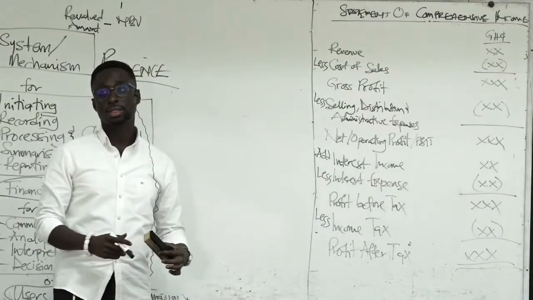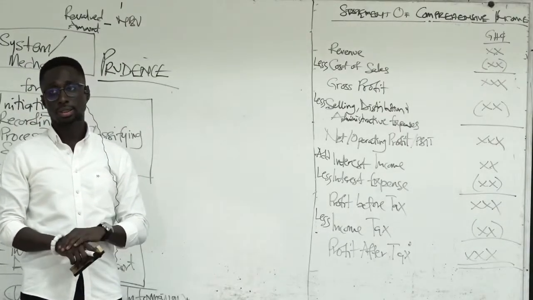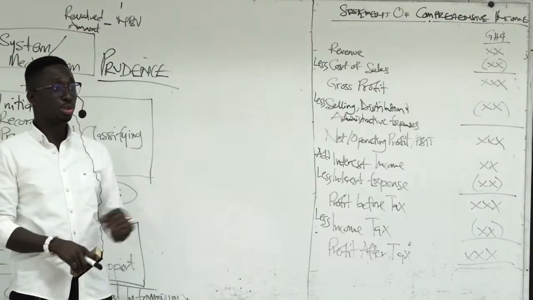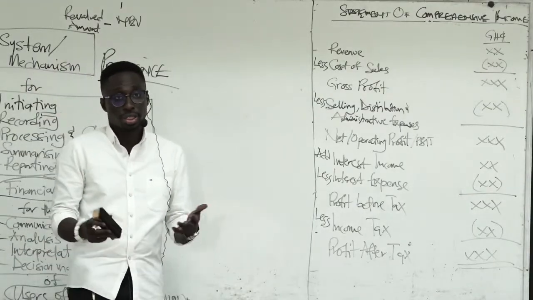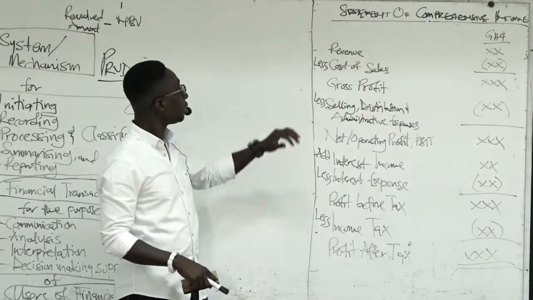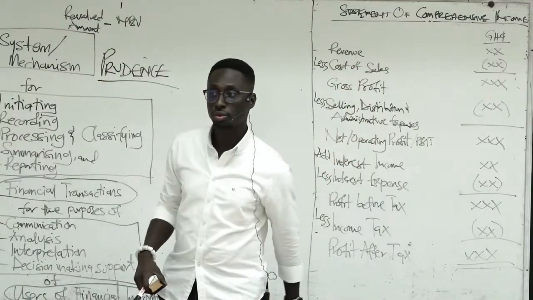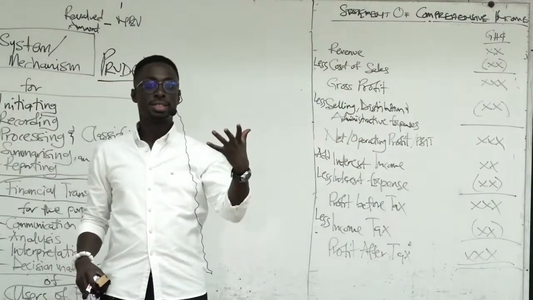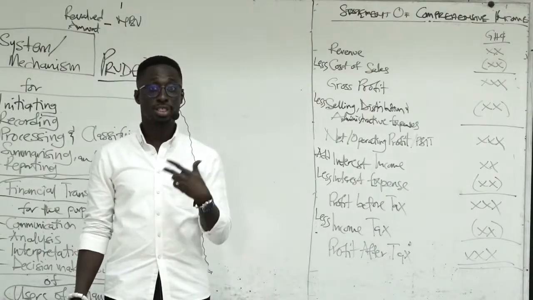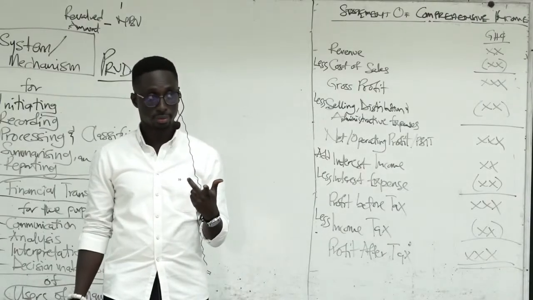So now let's walk through this. And again, just to remind us that for the purpose of this course, most of our things are in respect of a trading company. All right? So revenue is the income earned for the sale of goods, right?